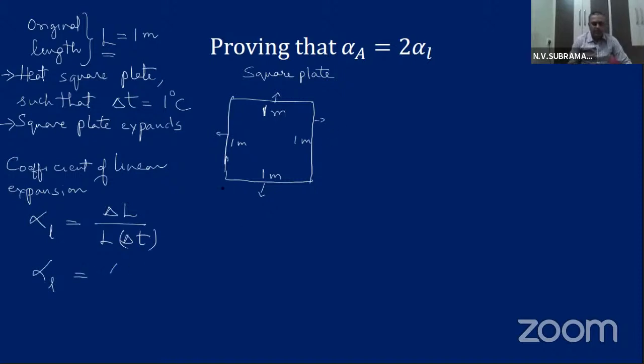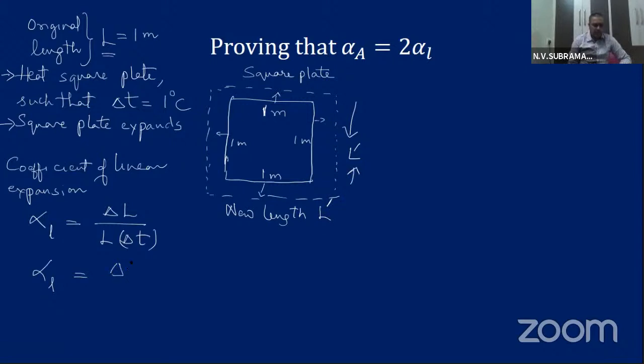Now let the new length be, this is the original length, new length let us call L dash. This length will increase now like this. Let me draw it. The dotted line you are seeing, children, is the expanded square plate. This new length is L dash.